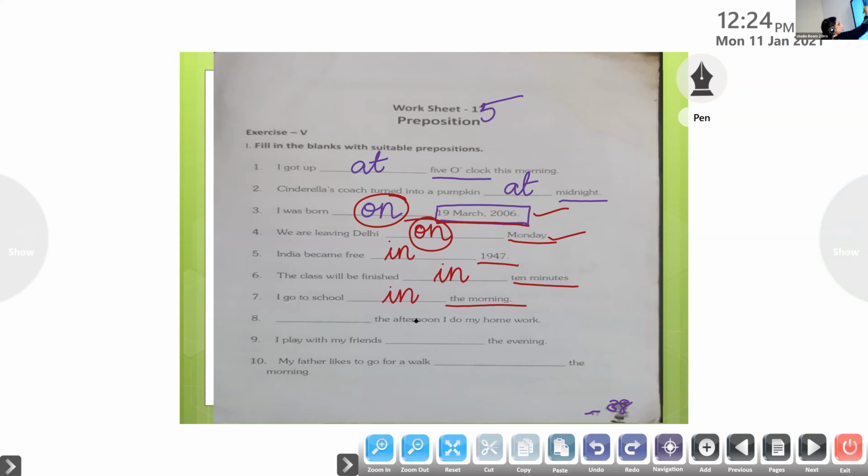Very good. Now Nived, come on. Do the next one. 8th question. In the afternoon, I do my homework. So what we have to do? Afternoon, morning, and evening. Which preposition do we use?